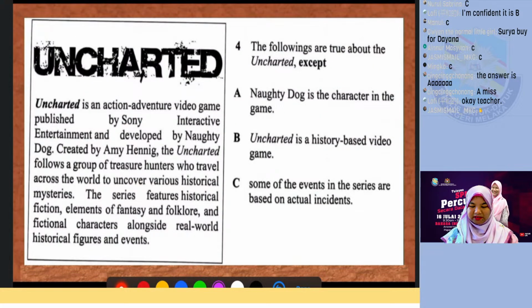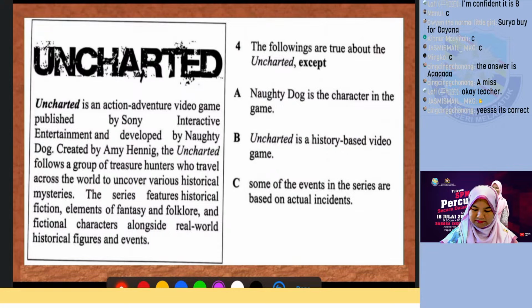Let's try another one here. Again, 1 minute. Read the question carefully. Read the text. Locate only the information you need. Let me read the text for you. Uncharted is an action-adventure video game published by Sony Interactive Entertainment and developed by Naughty Dog.